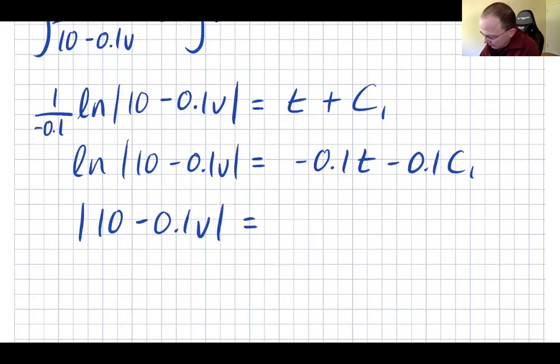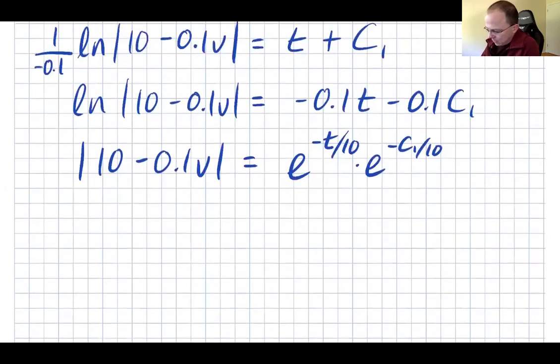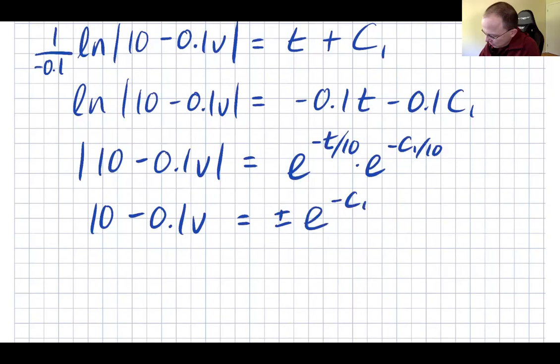So that will be e to the negative 0.1, well, I'm going to rewrite that actually, so that is going to be e to the negative t over 10, and then we'll also have times e to the negative c1 over 10. Get rid of the absolute values. The absolute value goes away and we get plus or minus this constant times e to the negative t over 10.